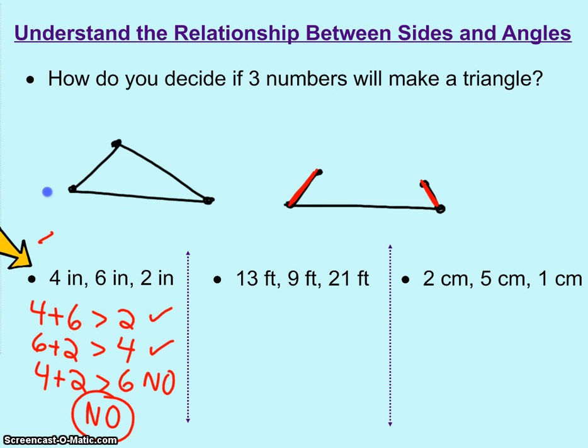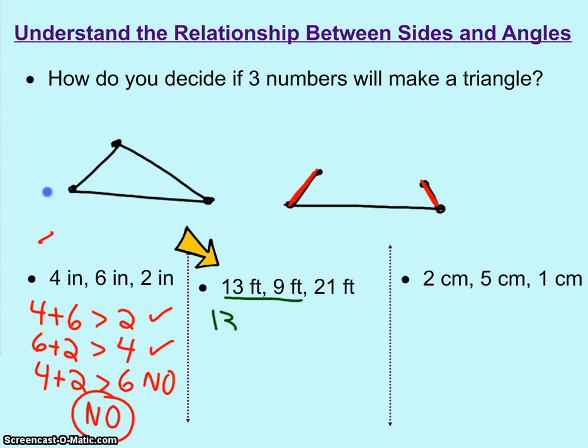We'll look at the second one here. 13 feet, 9 feet, 21 feet. So again, I'm going to pair a couple up. 13 plus 9. I'm going to see how it compares to 21. 13 plus 9, 22 is greater than 21. That looks good.